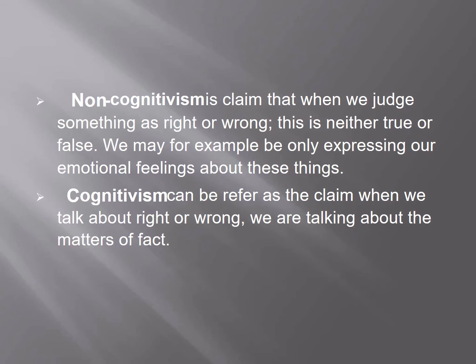Non-cognitivism claims that when we judge something as right or wrong, this is neither true nor false. We may, for example, be only expressing our emotional feelings about these things. This is their point of view, that when we are judging or evaluating someone, we are showing our feelings.